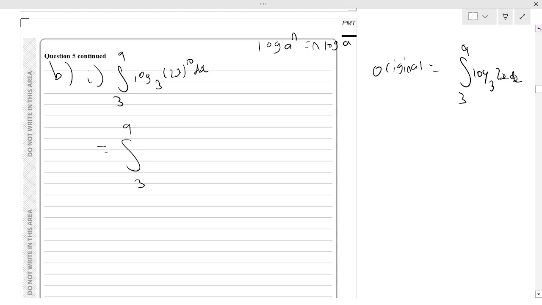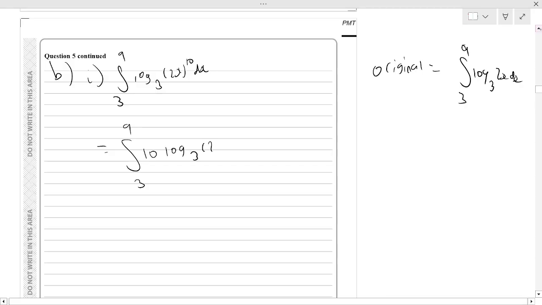So I can just bring the power out. I've got a power of 10, so I can bring that out to say 10 log 3 of 2x dx. And now I can just multiply the integral we had by 10. We can bring the 10 out afterwards, outside the integral. So that's going to be 10 times 13.2675. That's my answer.